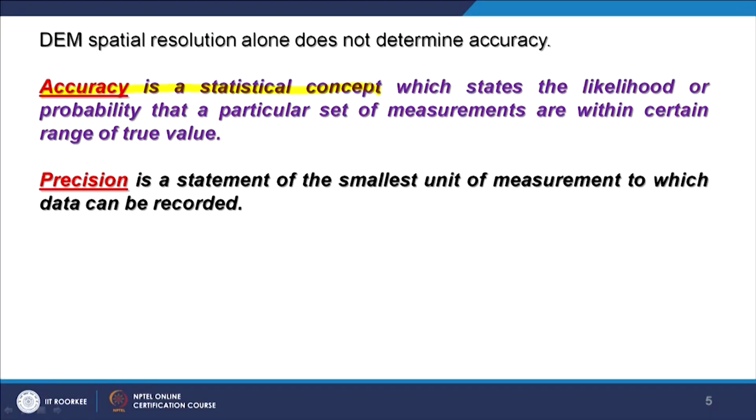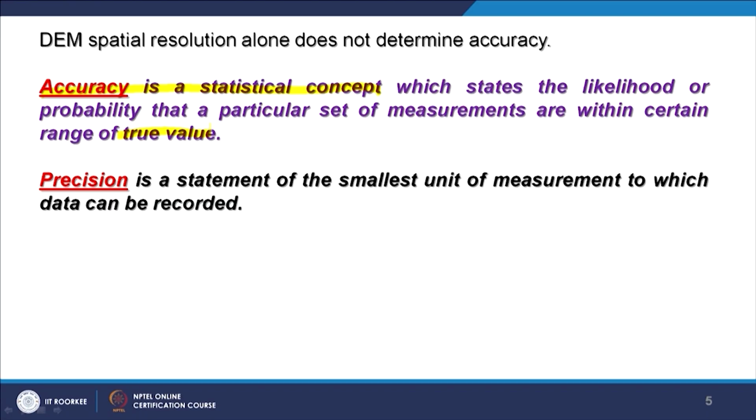So, you have some true value or standard value when you compare your measurements, and if they are very close, we say highly accurately measured. But if there is a very large difference between the standard value or true value and your measurement, then we say it has poor accuracy.